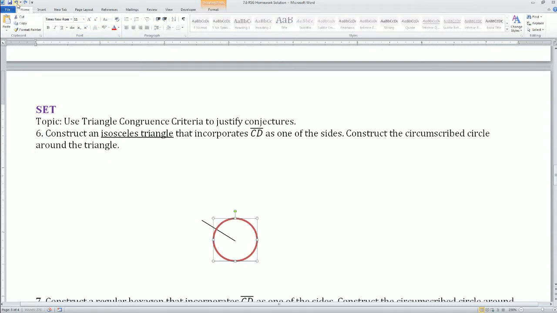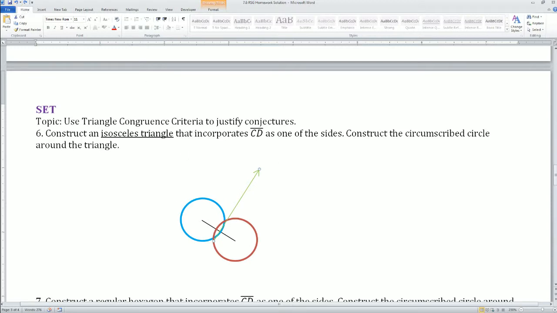Alright, so the first one is I got an angle using half of the line segment. And then I constructed another circle using the other half of the line segment of CD. I noticed that there are intersections here between the two circles, so I drew a ray, which is the green ray.